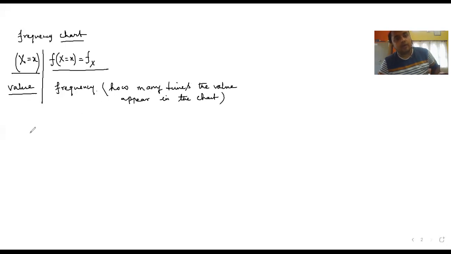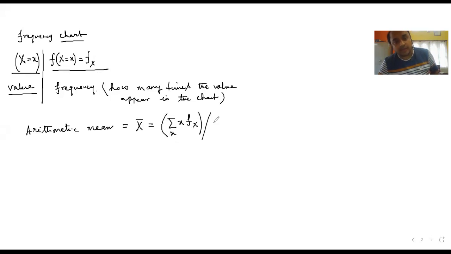Now probably you can recall that when we talk about a frequency chart, the arithmetic mean is denoted by x bar, and for a frequency table this goes by the formula: summation over x of x into f(x), whole thing divided by summation f(x), over all x.